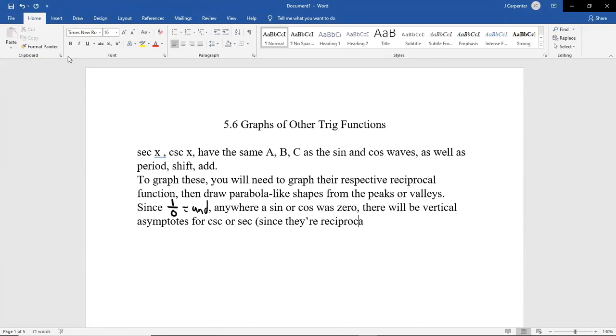So if the sine is 0, that means the cosecant is 1 over 0, which is undefined. So anywhere on a graph your function was 0, if you're supposed to be graphing a reciprocal function, that means the real thing you're drawing, you've got to do big vertical lines, dotted lines generally, to represent a vertical asymptote, to represent that it's going to either infinity or negative infinity.